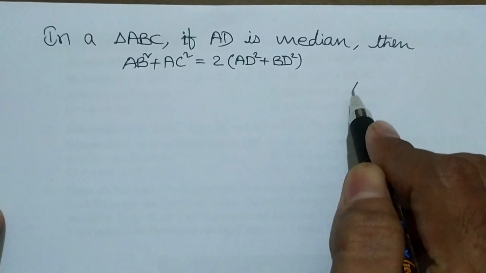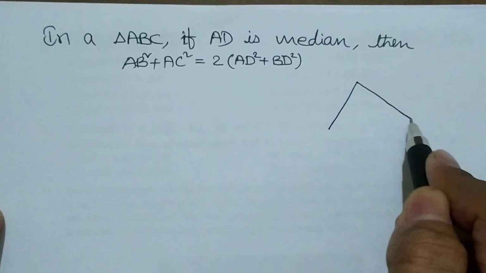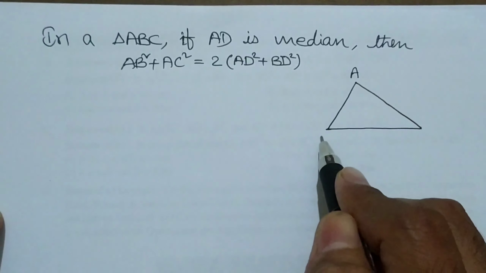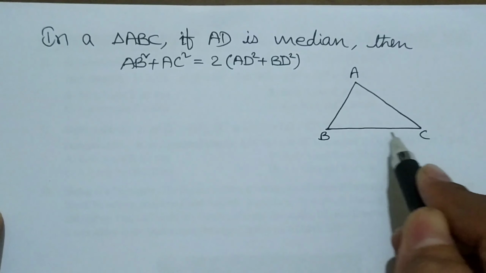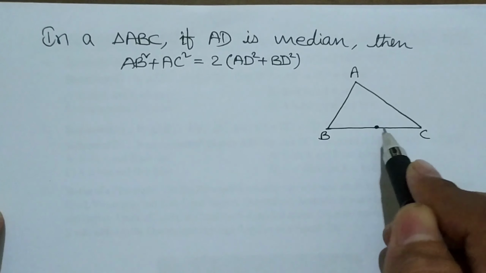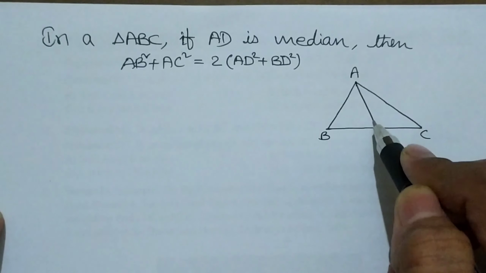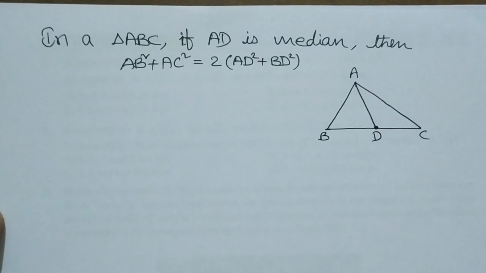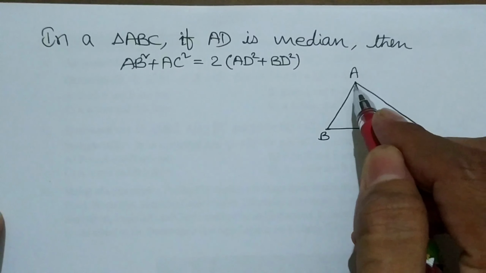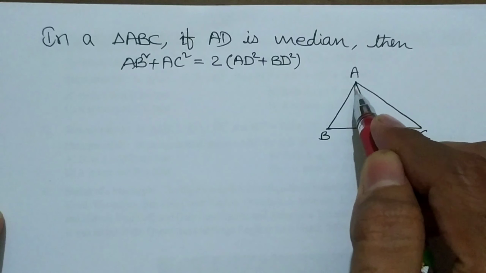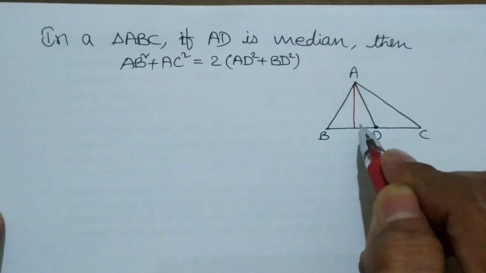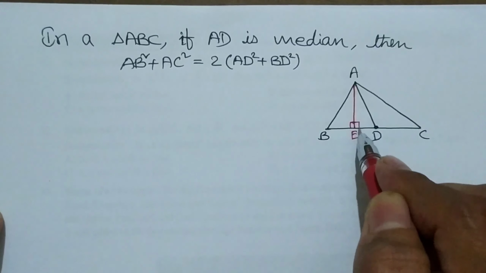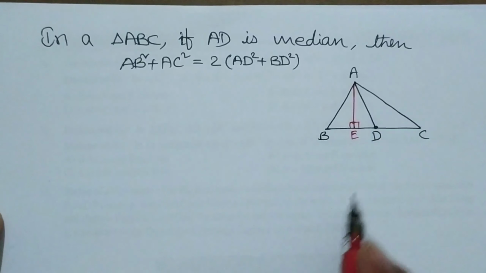First of all, let us draw a triangle ABC. This is triangle ABC. Now AD is the median, so D is the midpoint of BC. So let us join AD. Right. Now in construction, draw perpendicular AE from A to BC. So here it makes 90 degrees on both sides.